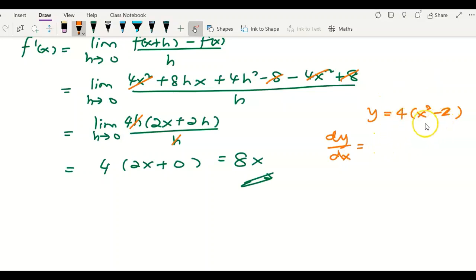We try to differentiate to see if we get the same answer as by using the first principle. 4 is a coefficient, just copy down, and you have 2x. Differentiate negative 2, you get 0. So you get 8x after you have used the power rule. You see that you have dy dx equals 8x, which is the same answer as you got by the first principle.